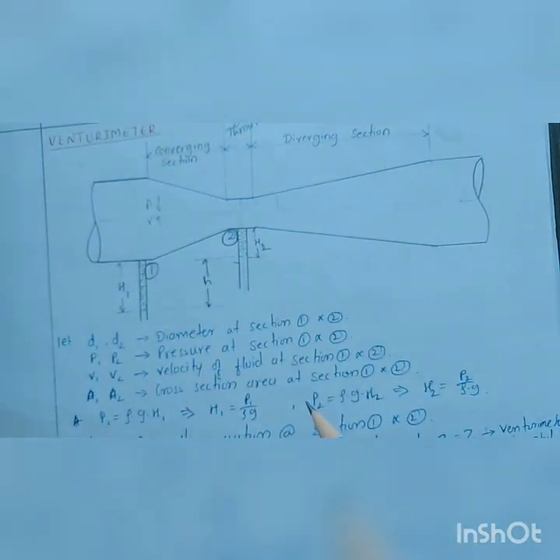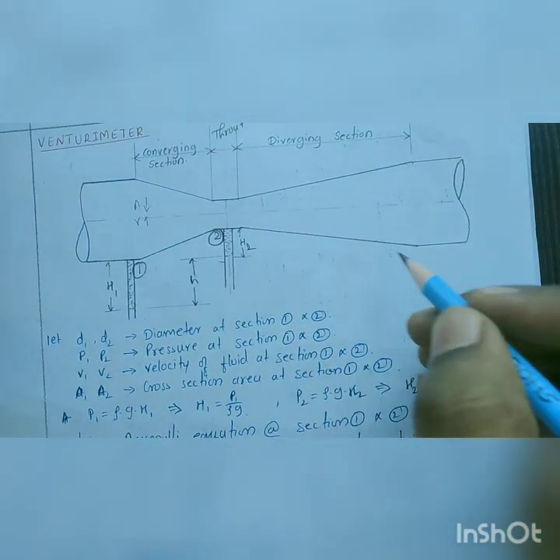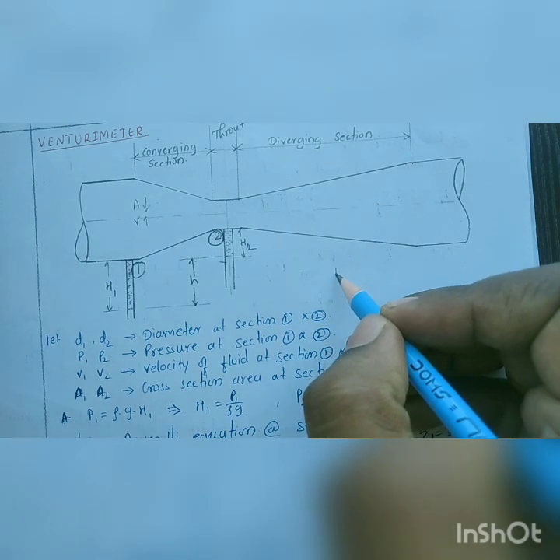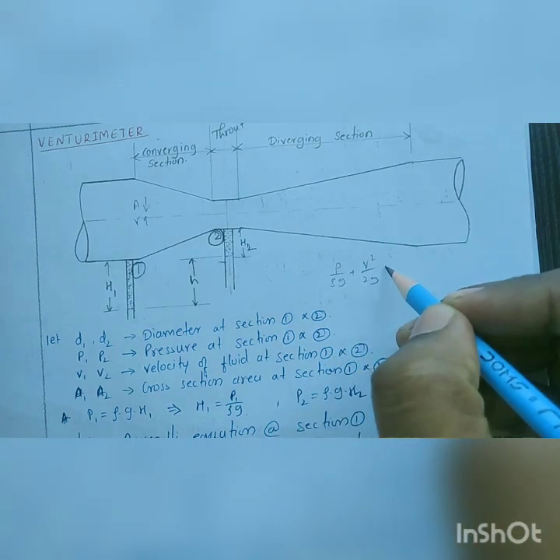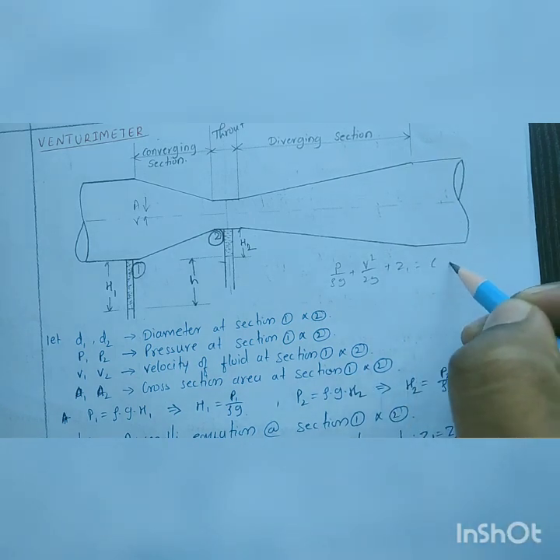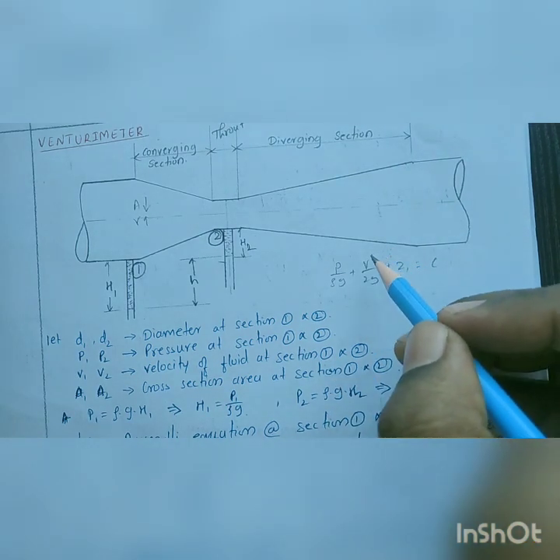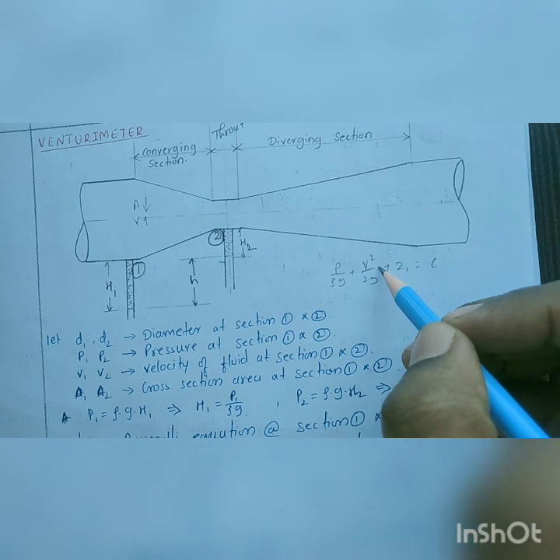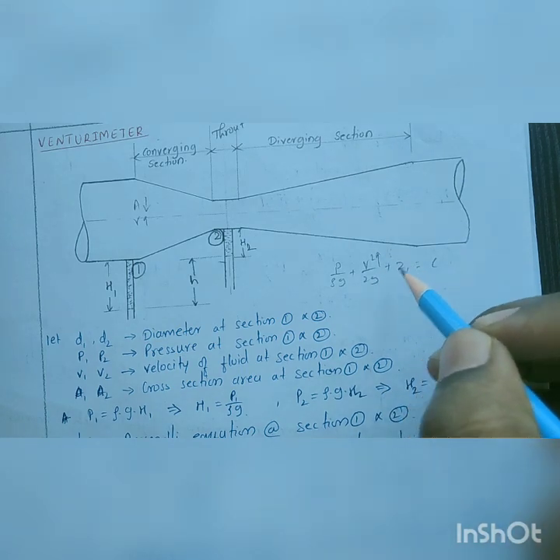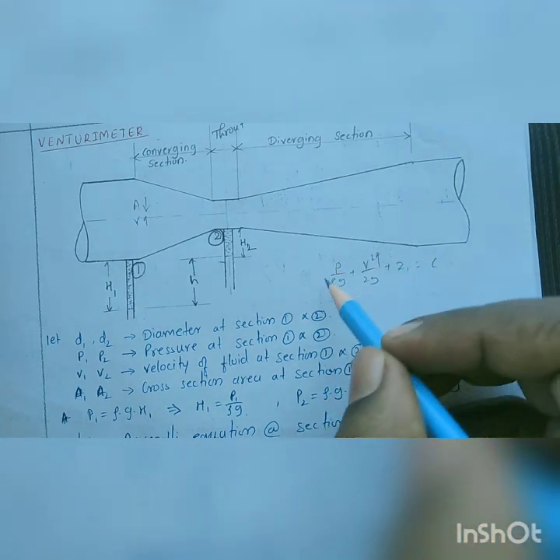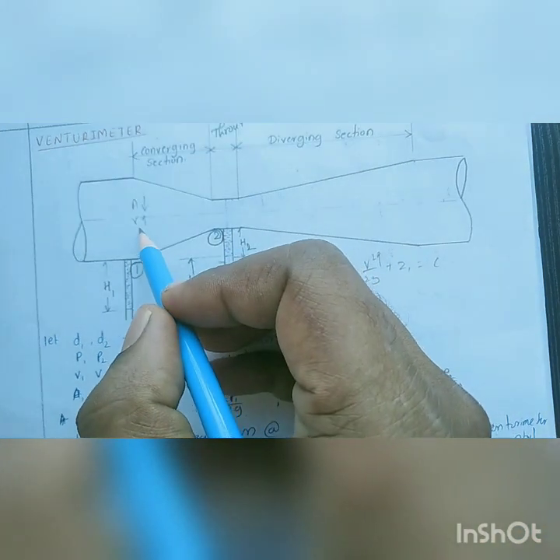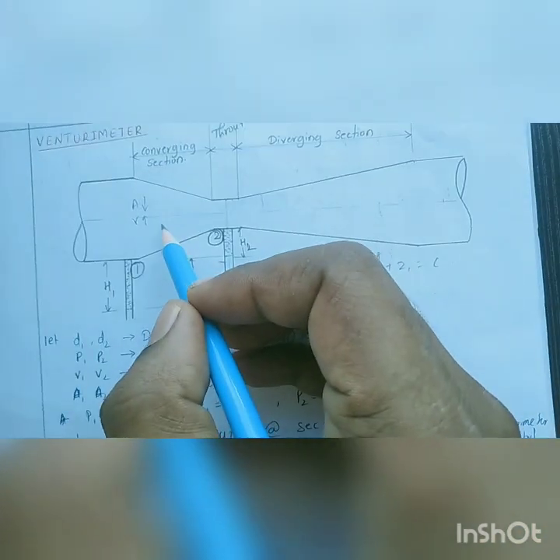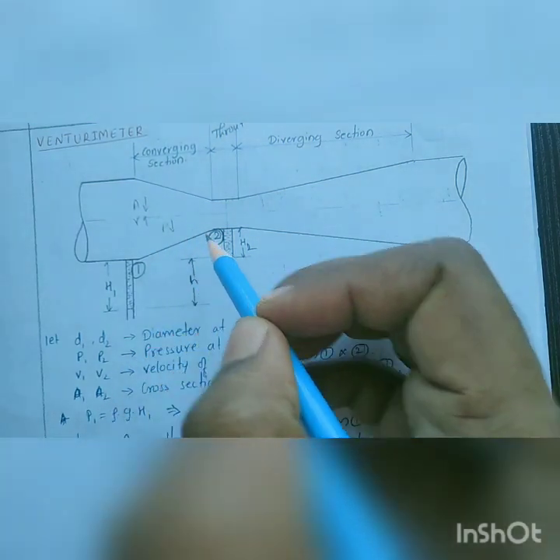Velocity increases, right? So you know the Bernoulli's equation: P plus rho g v square by 2g plus z1 is equal to constant. As velocity increases, this energy should be constant, conversion of energy, so pressure drops. As you go along this converging section, pressure keeps on reducing.